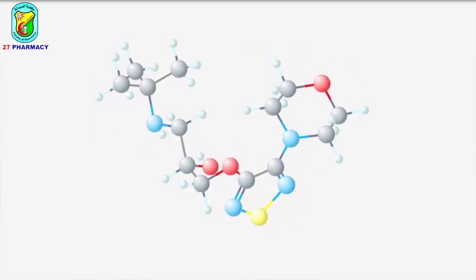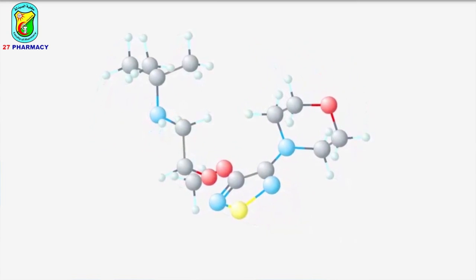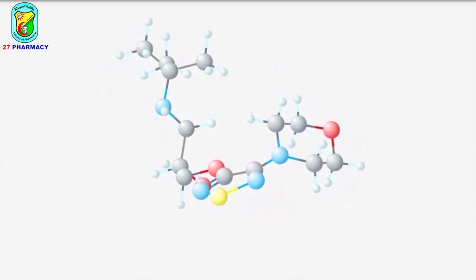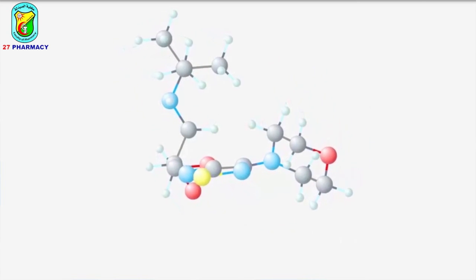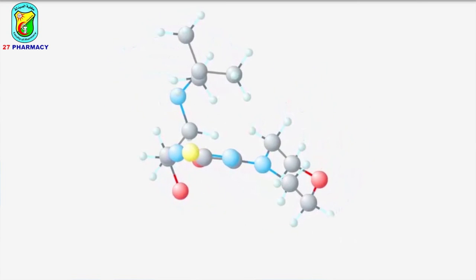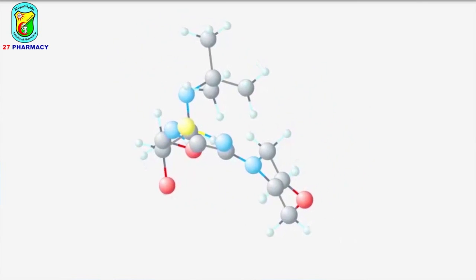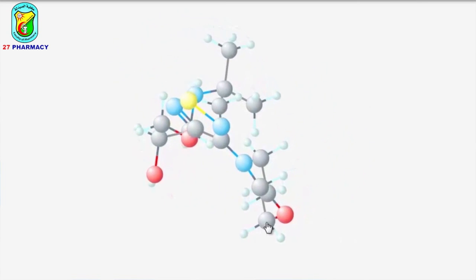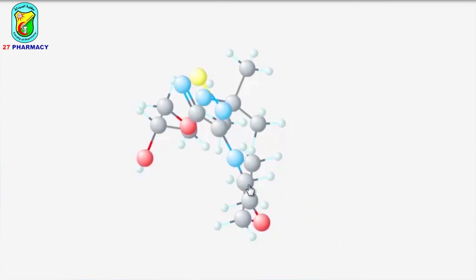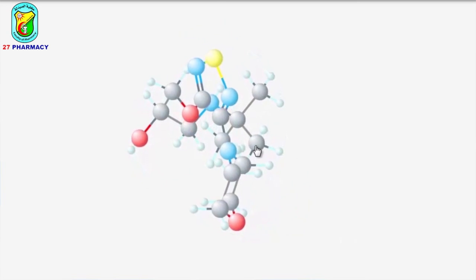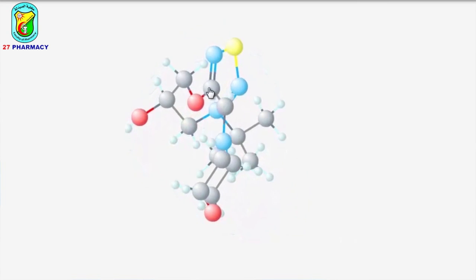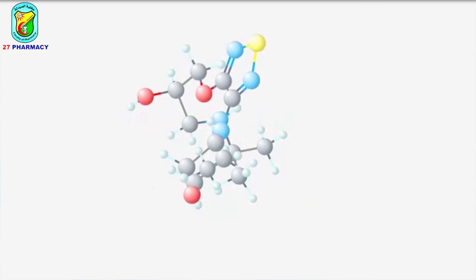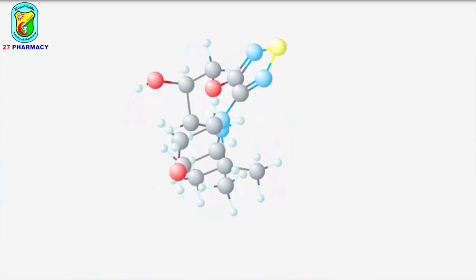We have in this structure 5 different colors for 5 different atoms: carbon, hydrogen, nitrogen, oxygen, and sulfur. The carbon atoms appear in green color. Timolol has 13 atoms of carbon.